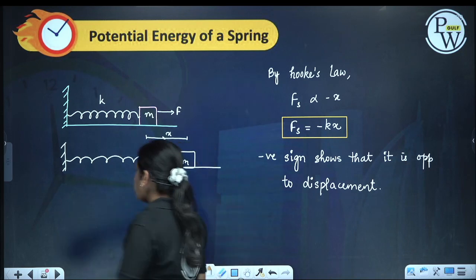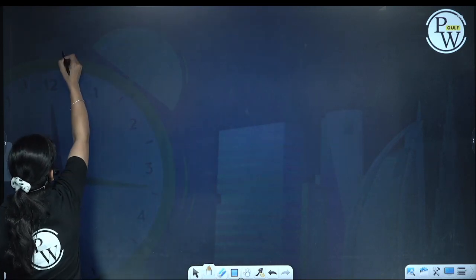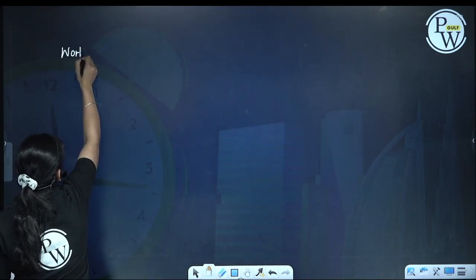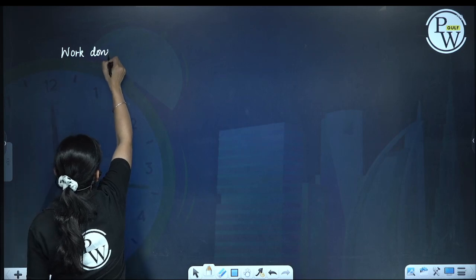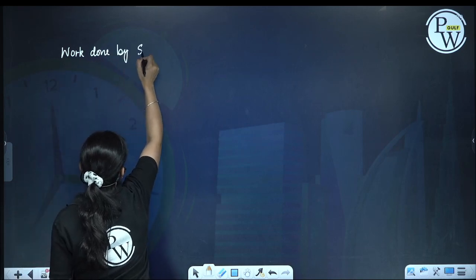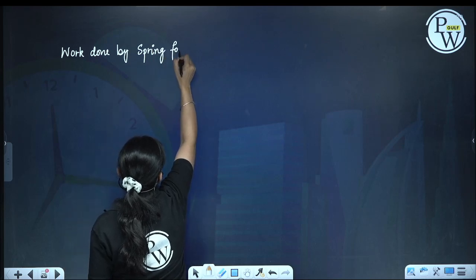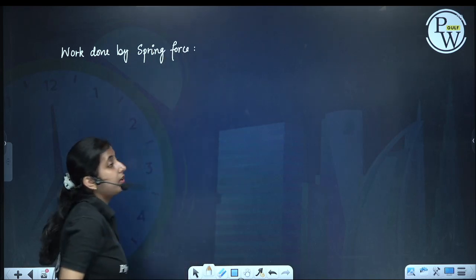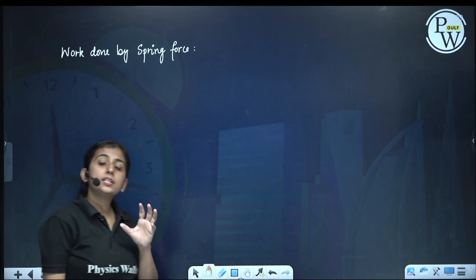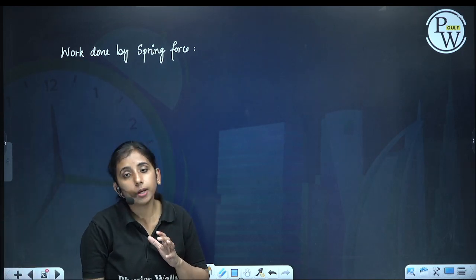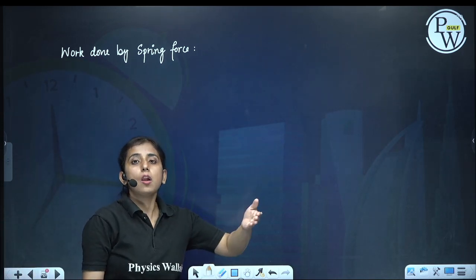Now if we are finding the work done by spring force, what will happen? If we are disturbing the spring from its equilibrium position to an elongation x.